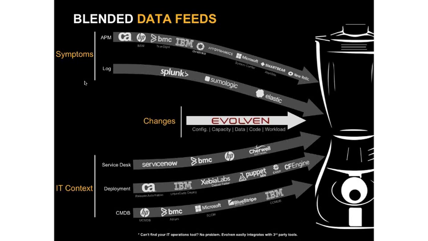And then around deployment tools, a number of tools like Puppet or CFEngine or CA Nolio, and on the CMDB side, things like Microsoft SCCM, Microsoft SCOM, etc. I think SCOM is actually covered more on the symptom side. So lots of integrations to lots of different tools.